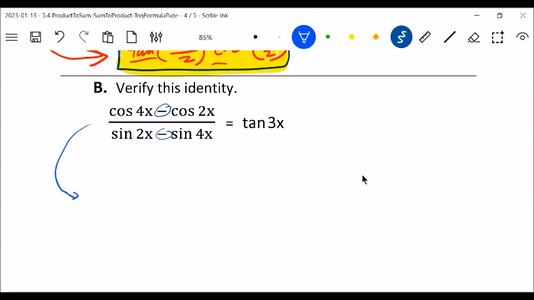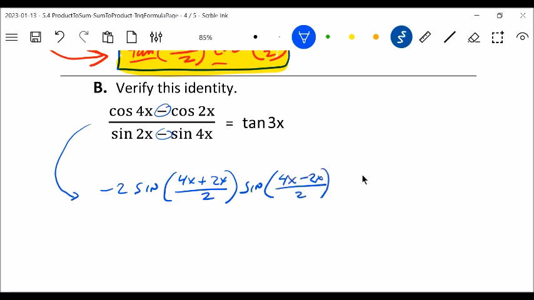Okay, so it's really a matter of making sure you watch the rules, go back to the sheet of trigonometric formulas, and the cosine minus cosine will be this: -2 sine of (alpha, which is 4x, plus beta, which is 2x) over 2, and then sine again, and now it's 4x minus 2x, alpha minus beta, over 2.